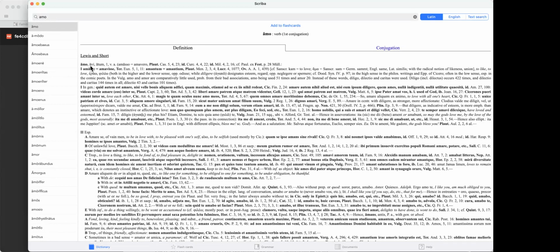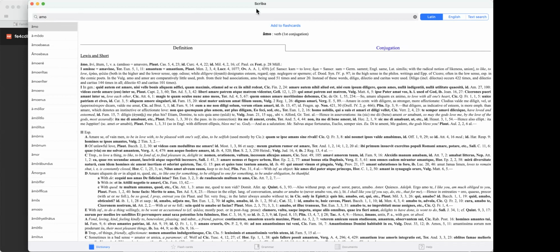Some dictionaries will leave that out and put in "first," meaning this is first conjugation. So it depends on the dictionary. This particular app is based off the Lewis and Short dictionary, but yes, it is always the first person singular.